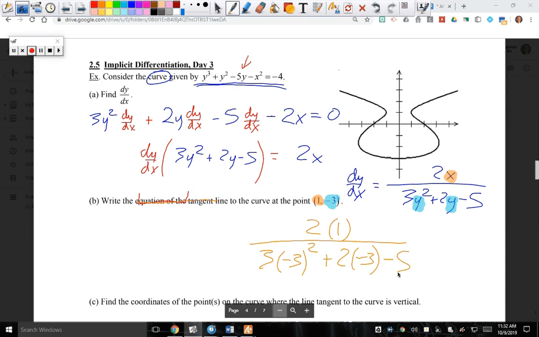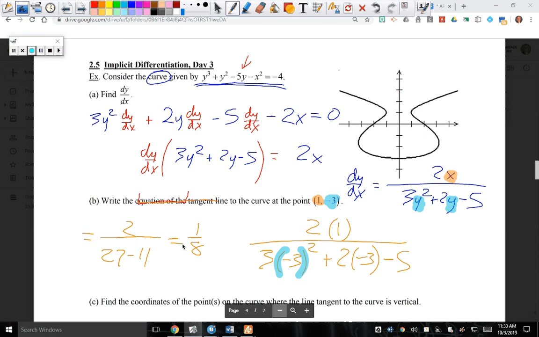These parentheses are important, especially because of that square piece. Otherwise, you're going to get it wrong. So what would you get? 27 minus 6 minus 5. So the derivative would be what? 1/8. 2/16 or 1/8.